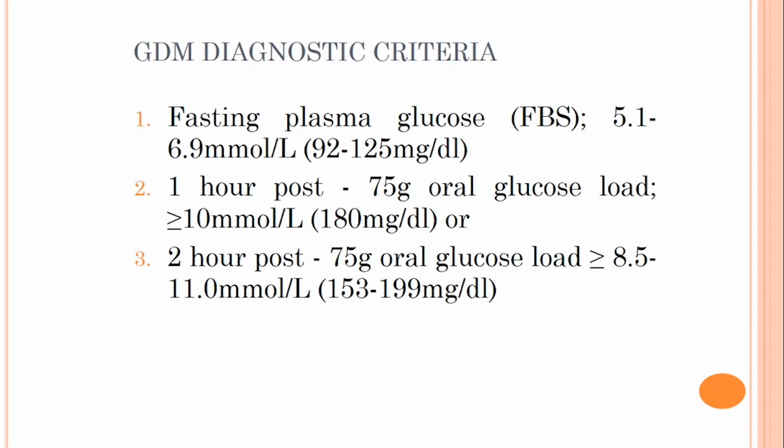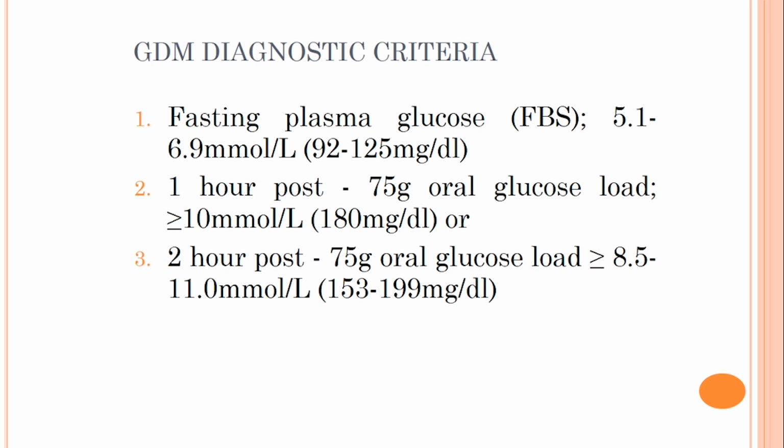But the best diagnosis is made between 24 and 28 weeks. So, when OGTT is done, and the following glucose values are obtained at any time during pregnancy, then you are talking of GDM.